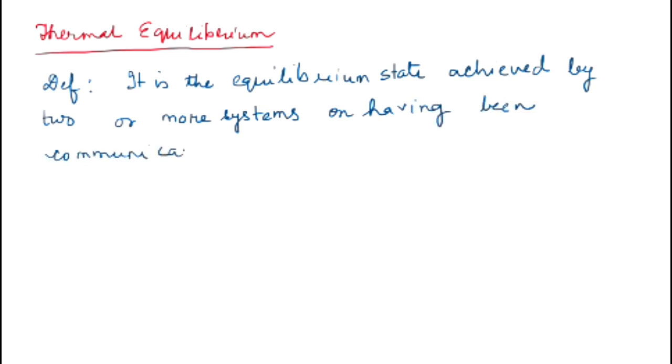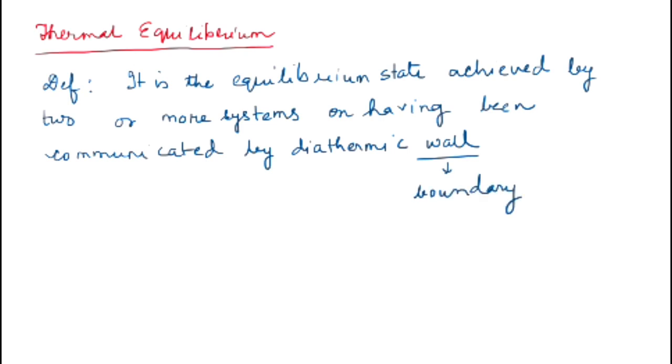Now, a diathermic wall or diathermic boundary is a boundary which allows heat exchange. So that means if we take two systems, one a hot system and another a cold system, there is a difference in heat content between the two systems.